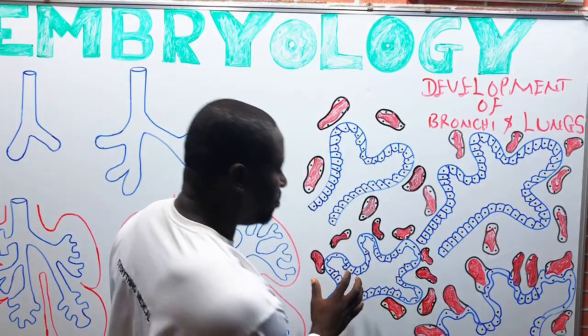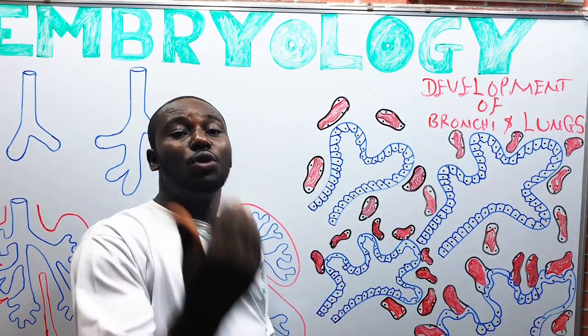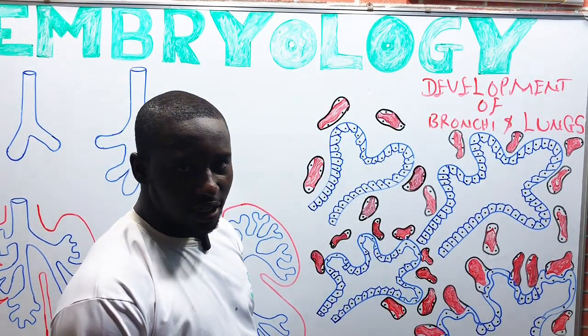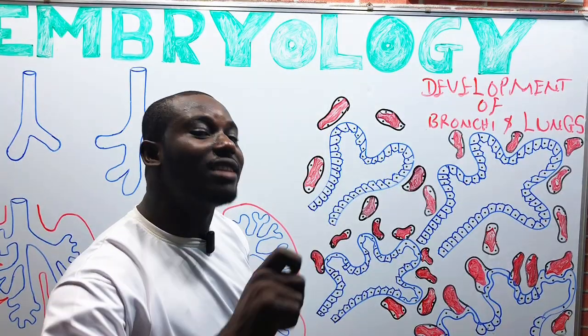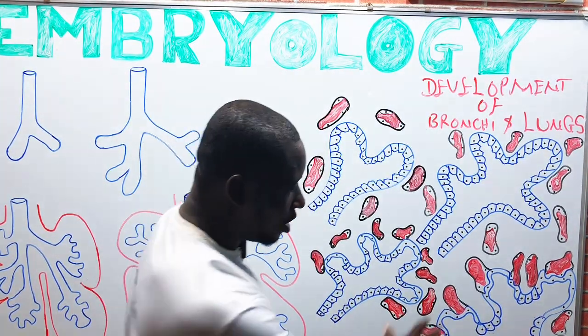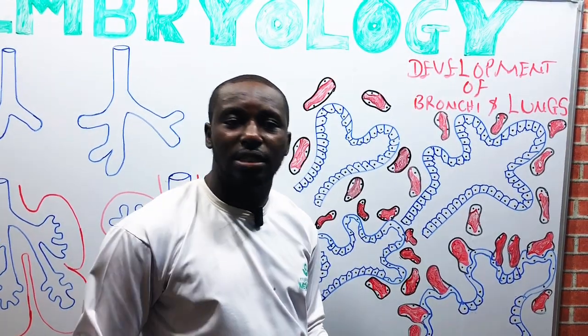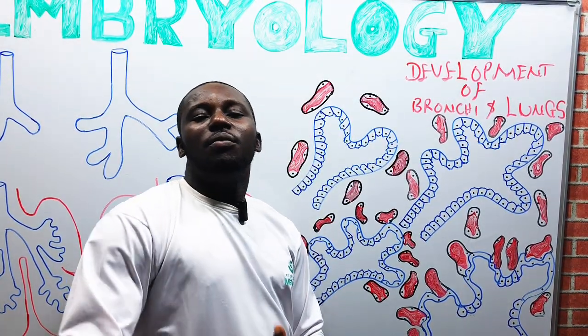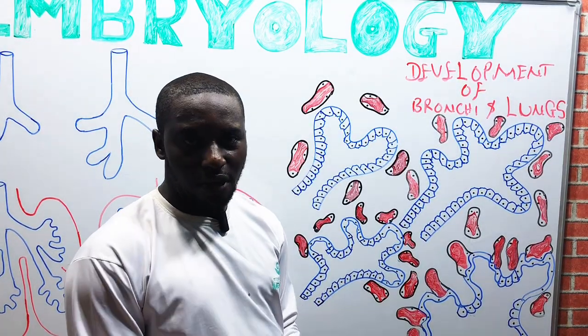While this here begins to develop from the 26th week of IUL to birth. We call it the saccular stage, or the terminal sac stage of lung development. Why does this diagram here depict the last stage of lung development? Because that is where the mature alveoli form, right?